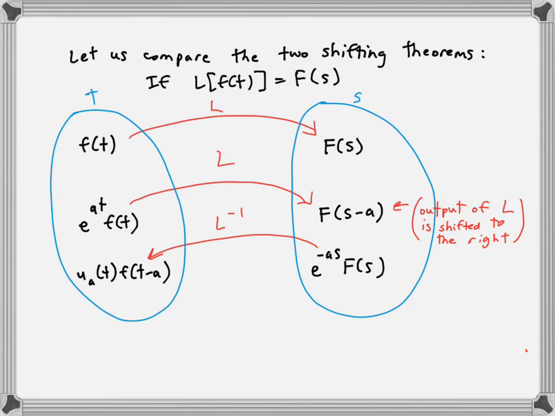By multiplying the input by e to the at, the output gets shifted to the right. Now, what about this other one? This other one's a little weird, but this is why I drew the arrow going the other way, because it's the Laplace inverse that gets shifted. So this is saying the output of the Laplace inverse is shifted to the right.